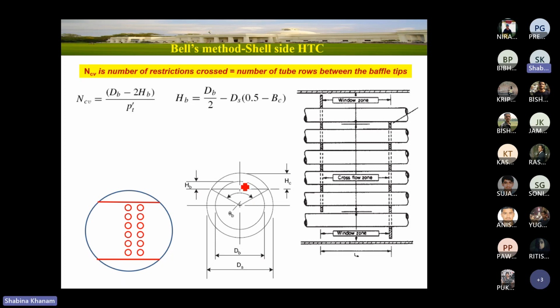Minus ds, the shell dia, 0.5 means half of shell dia, which is this one, minus bc.